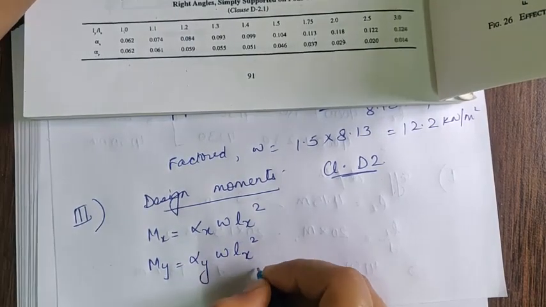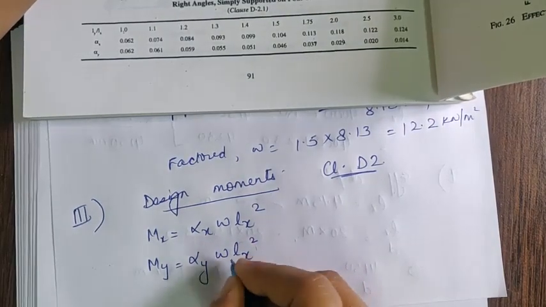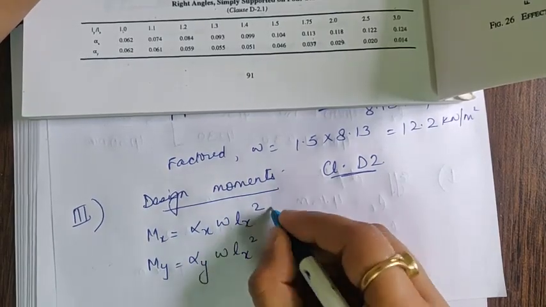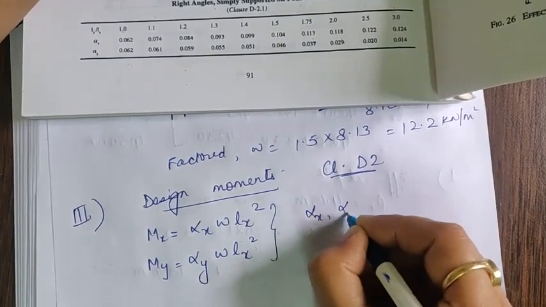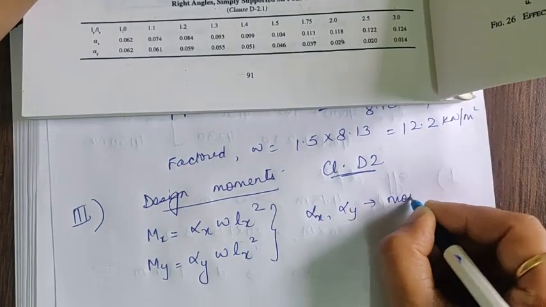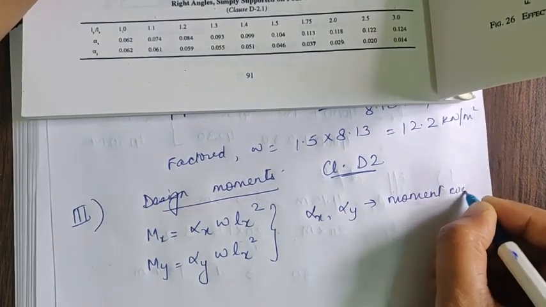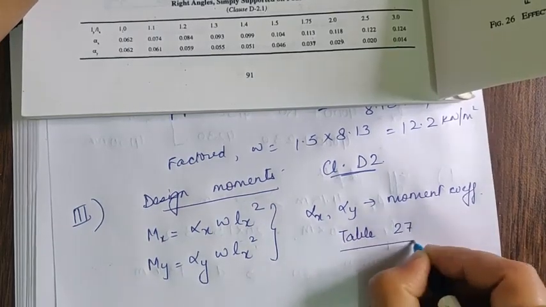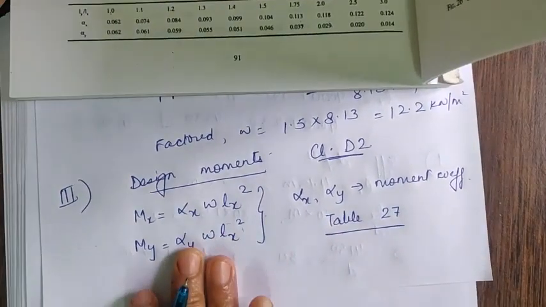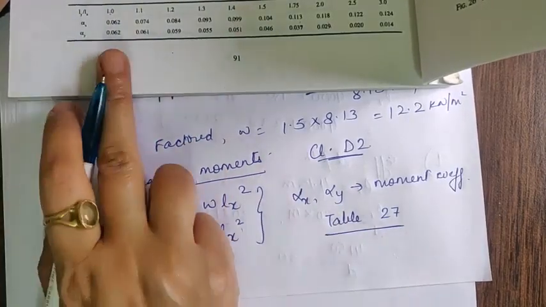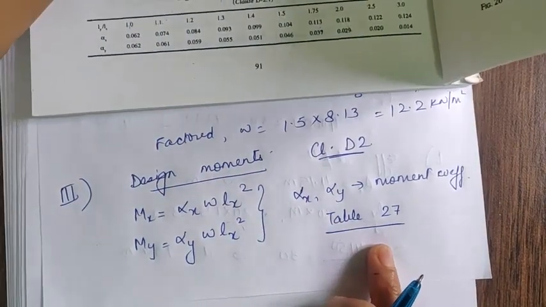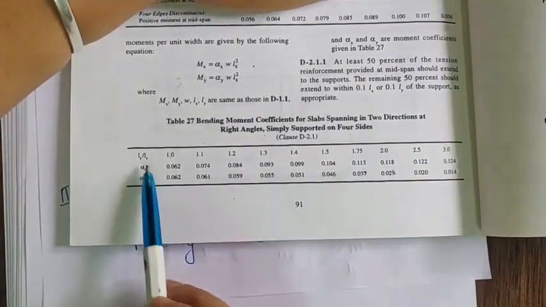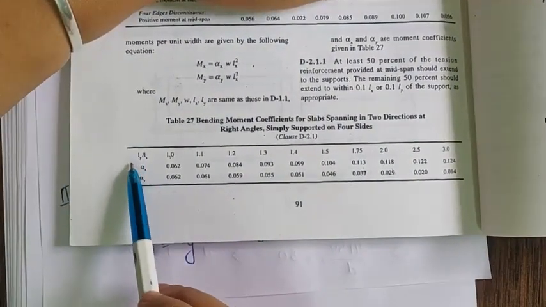Mind it please, always we are using the shorter span, that is lx, even for calculating the moment along y-axis, where alpha x and alpha y are moment coefficients, and they are to be taken by using table 27 of the IS 456.